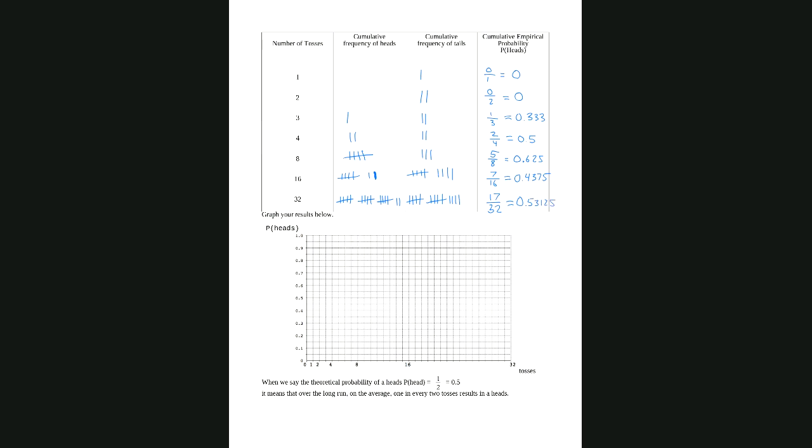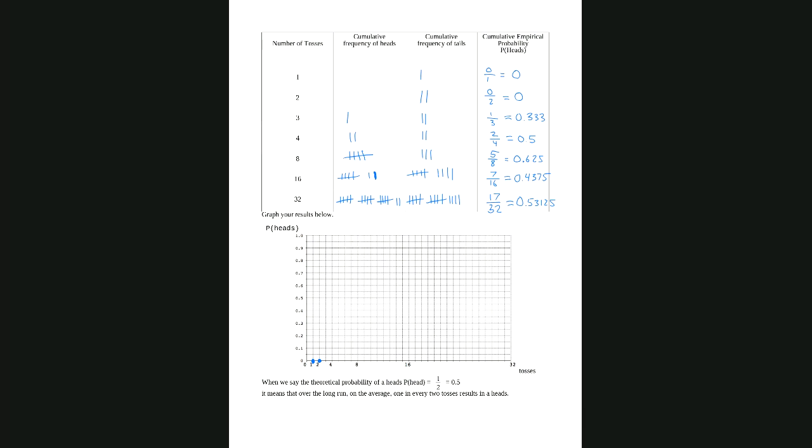All right, great. Now that we're done with that, let's go ahead and plot the results that we found on the graph. So I'm going to start with the first toss. After the first toss, I had a cumulative empirical probability of 0. Then after the second toss, it was still 0. 0 is at the bottom, of course. 1 would be at the top.